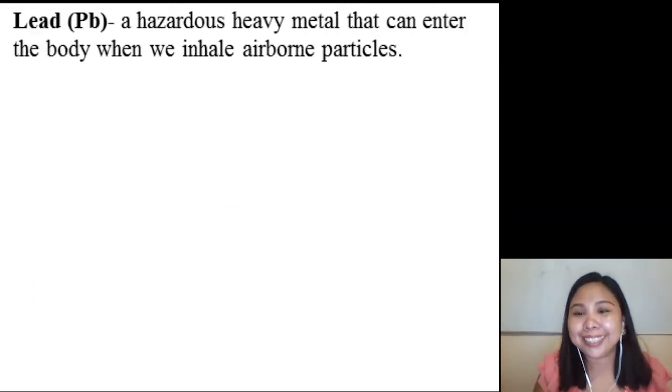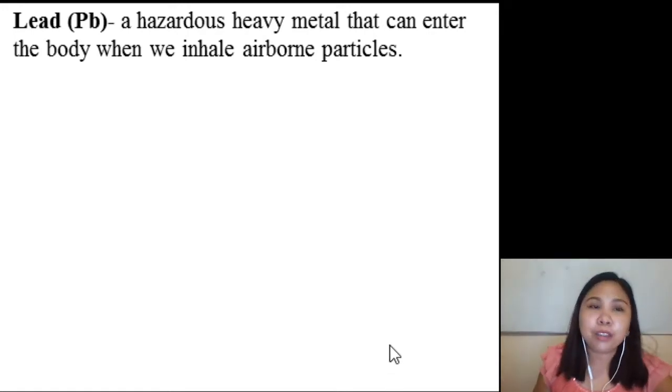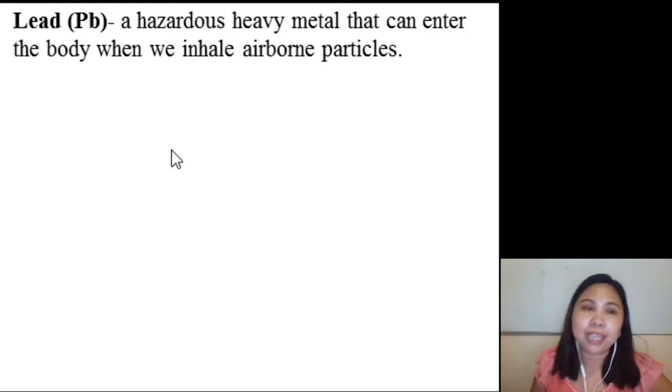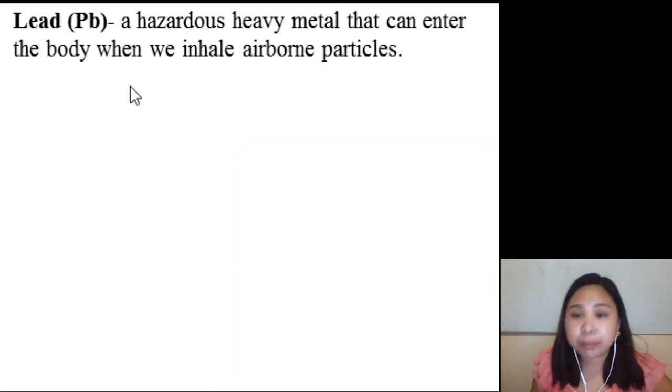Another type of primary pollutant is we have the lead, Pb. This is a hazardous heavy metal that can enter the body when we inhale airborne particles.